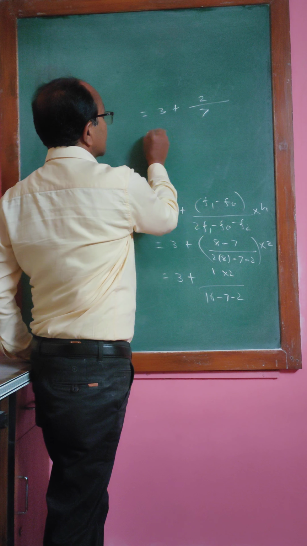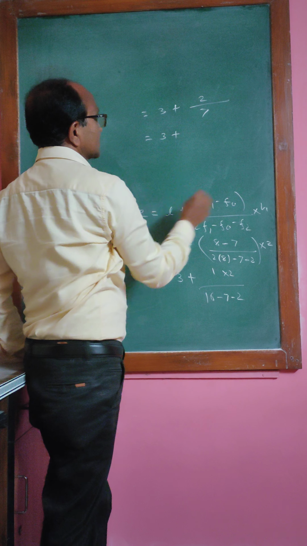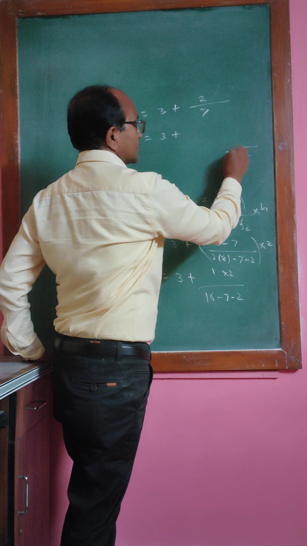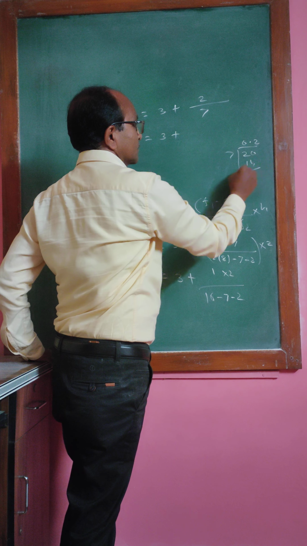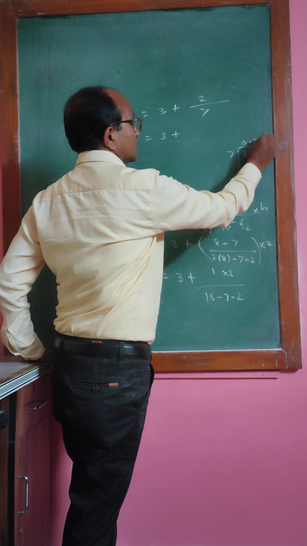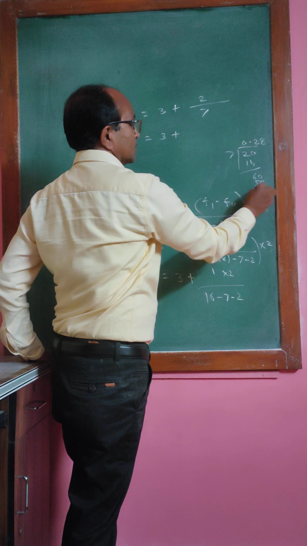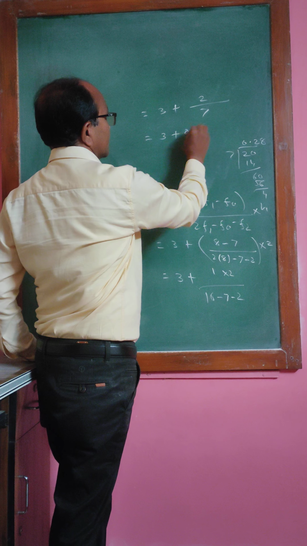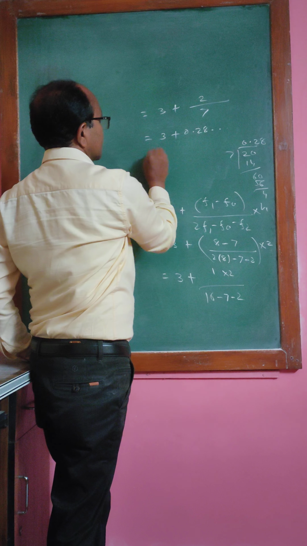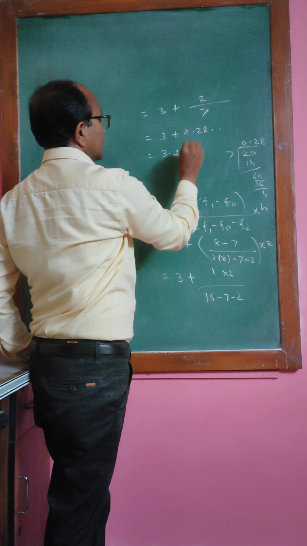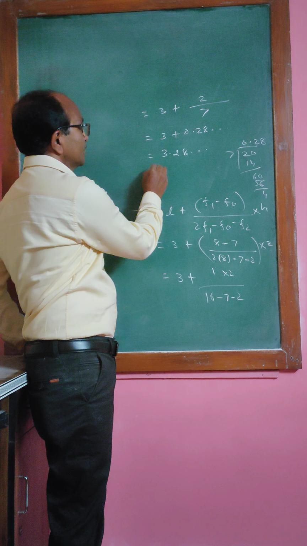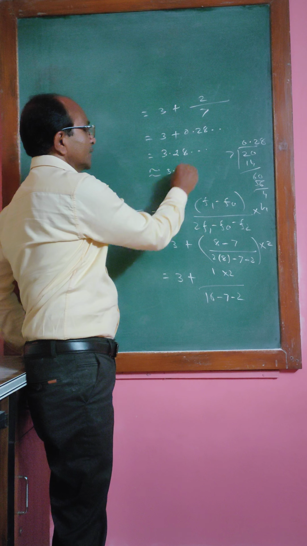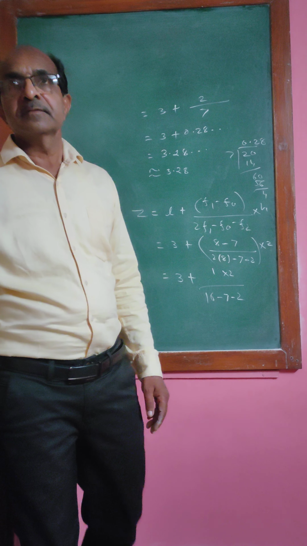So 2 by 7 is 0.28 and so on, and our answer is approximately 3.28, right?